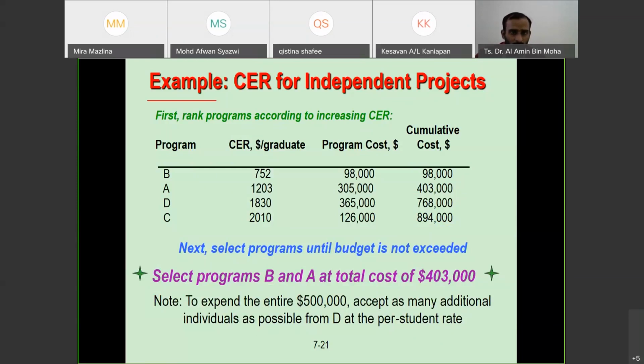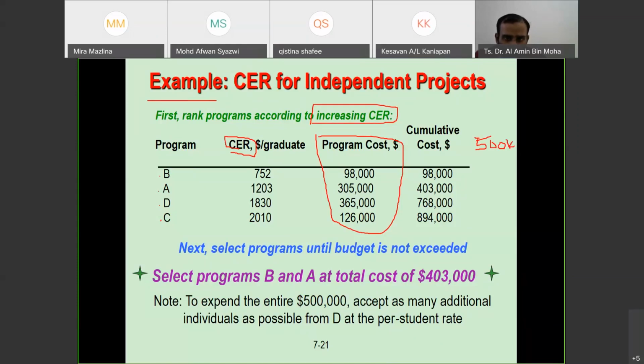Okay, so you see here, this is the solution. First, rank programs according to increasing CER. So they rank now B, A, D, C as we want, based on CER. So now we know the program cost here. What is the budget that we have? 500K.